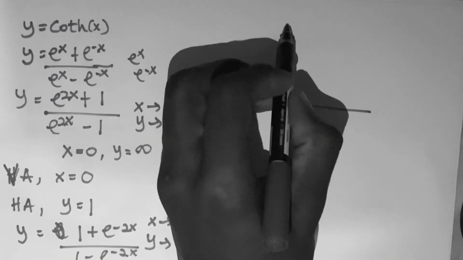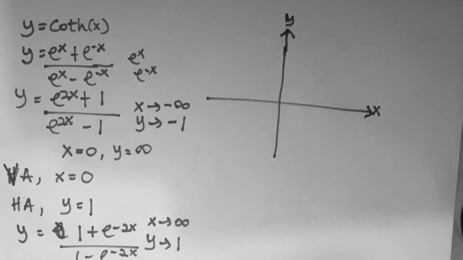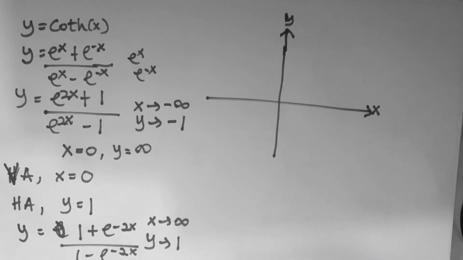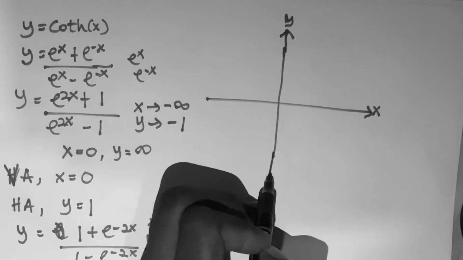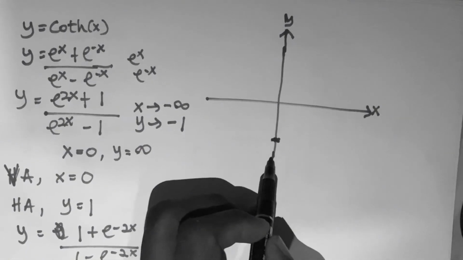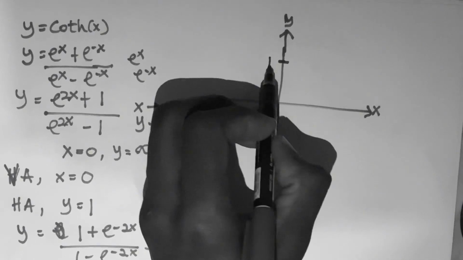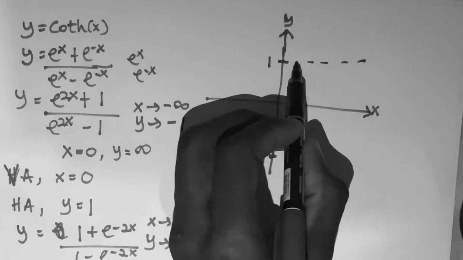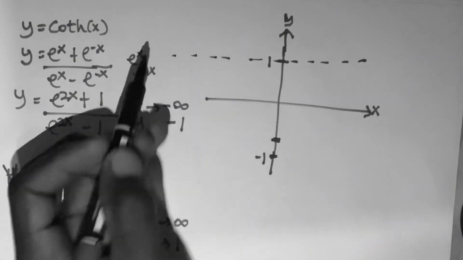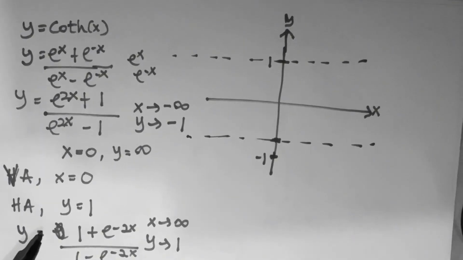So this is the y-axis, and then this is the x-axis. Remember that we've said that there are horizontal asymptotes at y equals 1 and y equals minus 1. Let's assume here is minus 1, and then here is 1. So there is a horizontal asymptote here, and then there is also a horizontal asymptote over here.